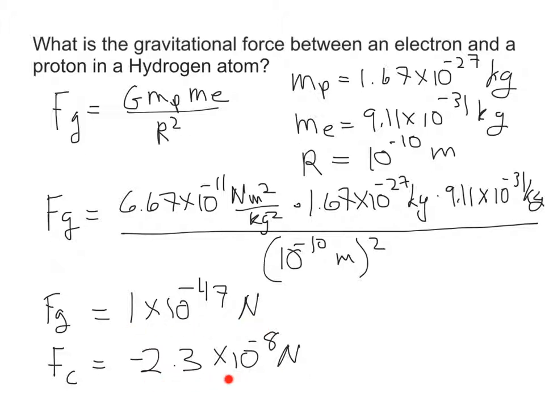The electrical force totally dominates. We would have to have 40 more digits of this number for this one to have any significance at all. This has 46 zeros before the 1. And so we'd have to have a whole bunch of zeros out here before the significance of the gravitational force showed up. And that's why when you hear about chemical reactions in chemistry, they never talk about the gravitational force.